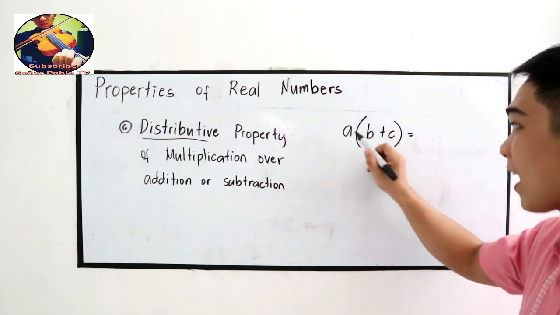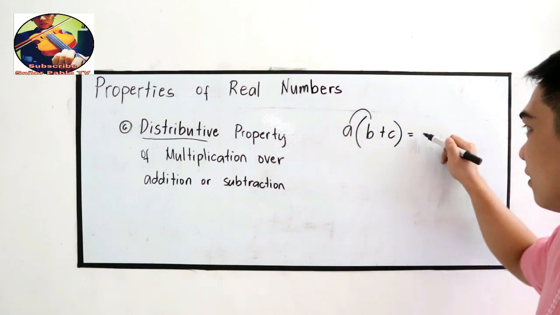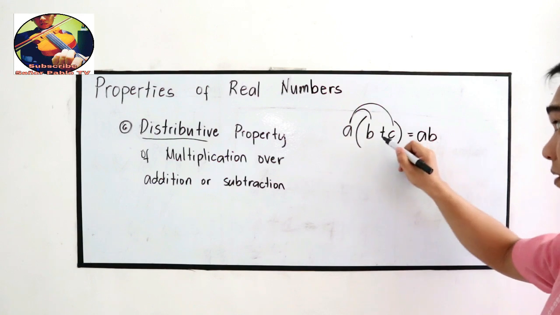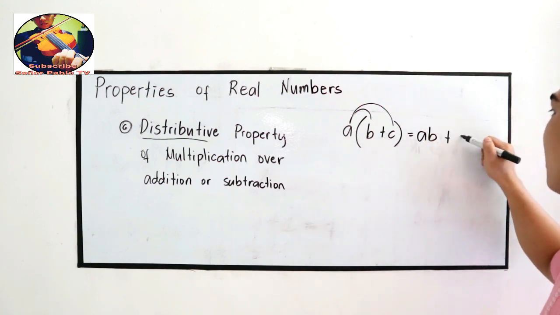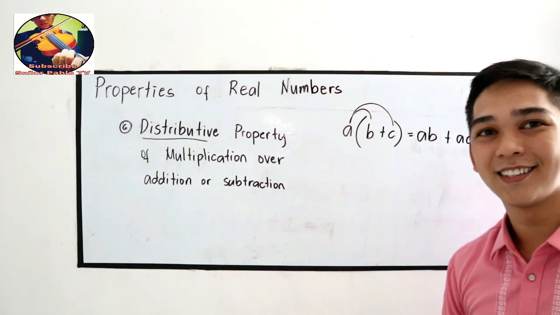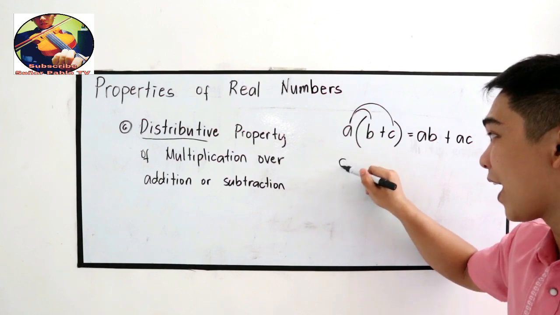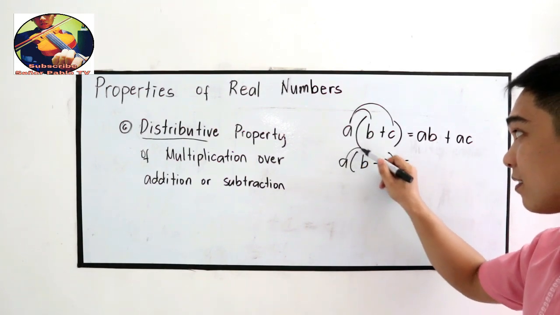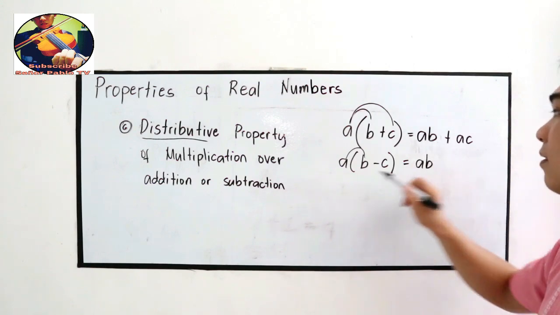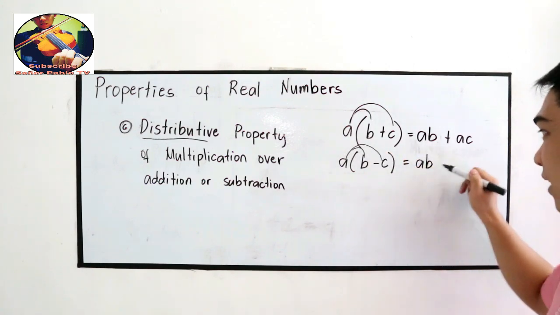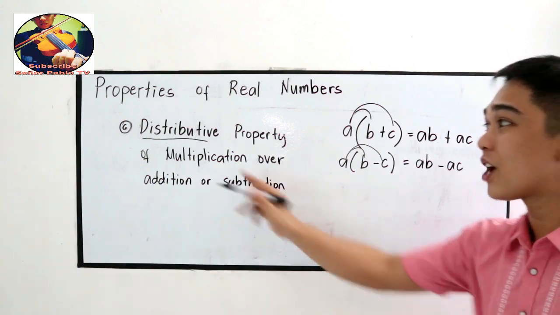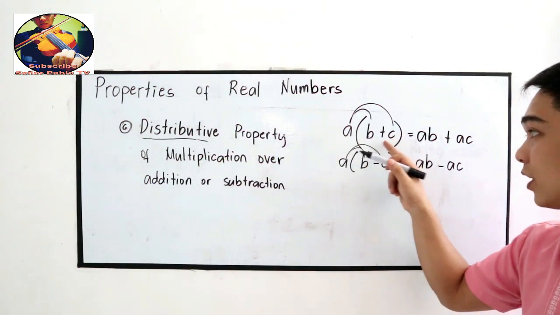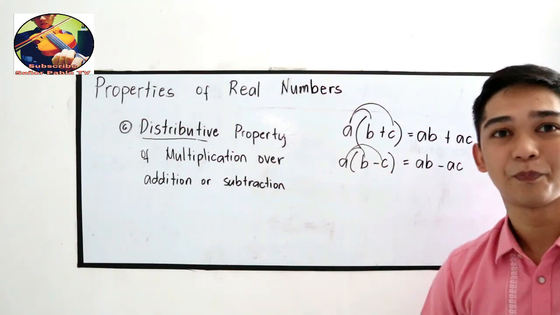So, equal lang yan sa A times B, so AB, and A times C. What is the sign? Plus AC. Ayun. So, pag meron din tayong A times B minus C, that is AB minus AC. Kaya siya distributive property of multiplication over addition or subtraction.